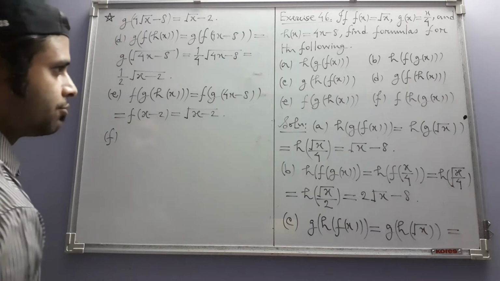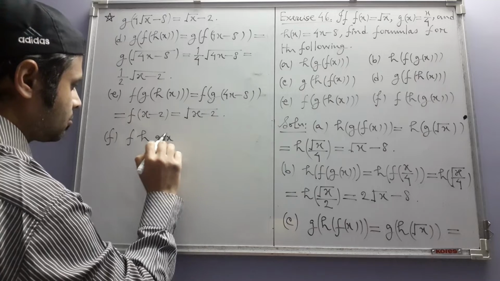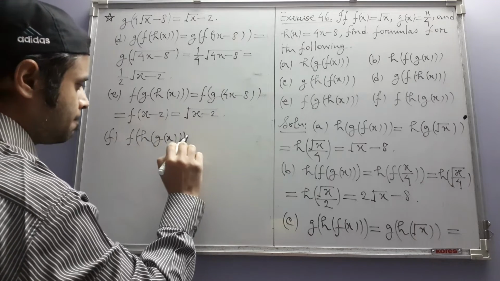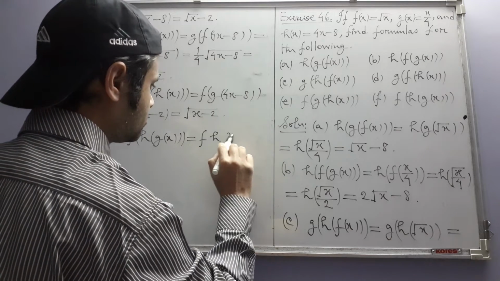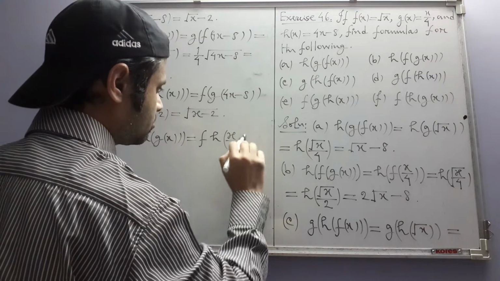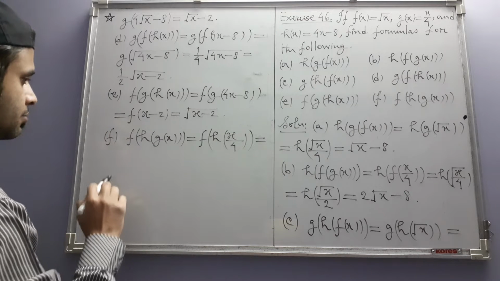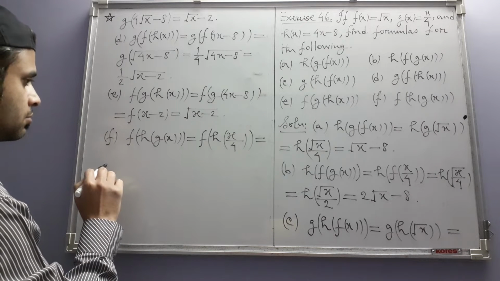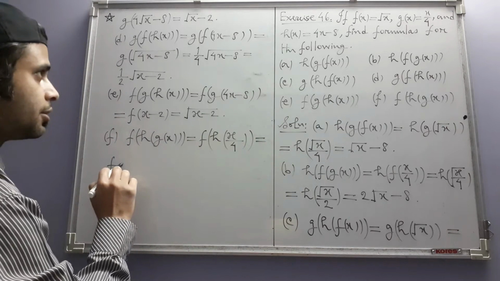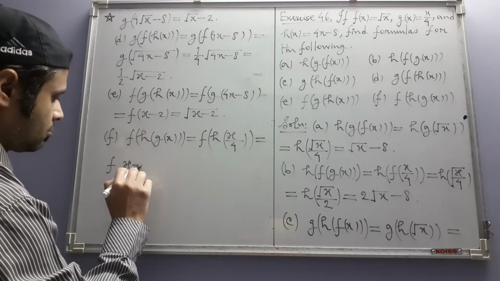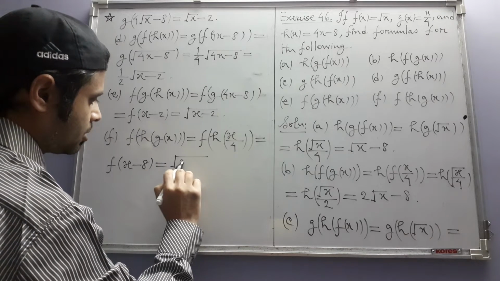And finally FHG. Four times this minus 8, that means x minus 8, and f of that is square root of x minus 8.